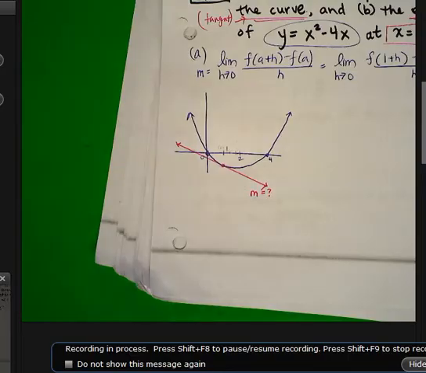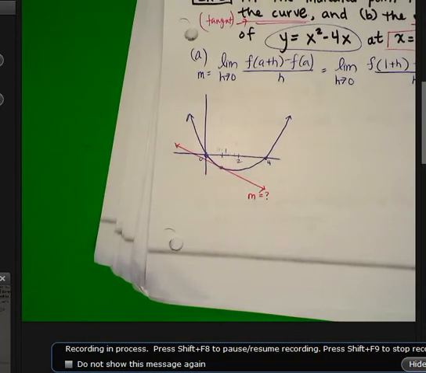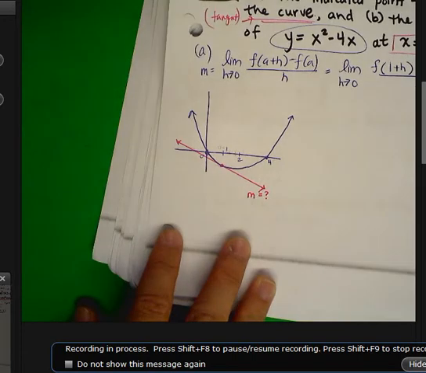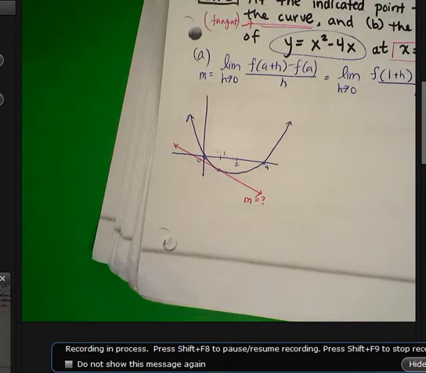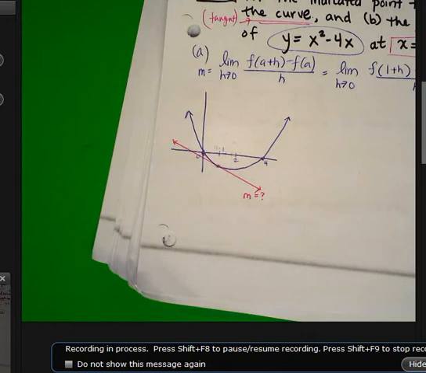Let me just draw it one more time, because that zooming in didn't help at all. Let's try to make it steeper. Just take a different example.